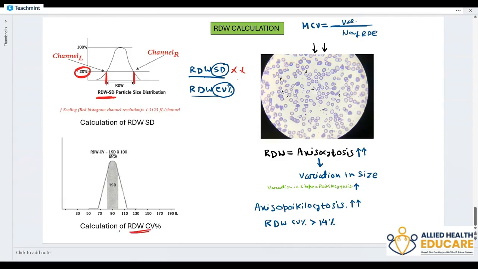The formula of RDW CV percentage, as I have told you earlier, CV percentage represents the percentage of standard deviation in terms of mean. So the RDW CV percentage calculation involves 1 SD. What do you mean by 1 SD?